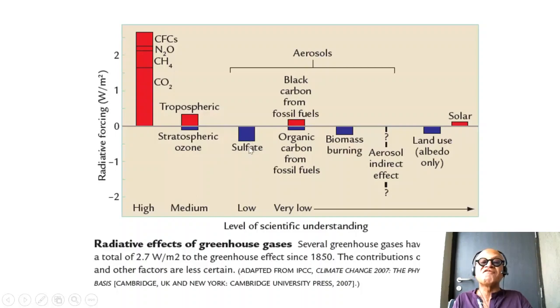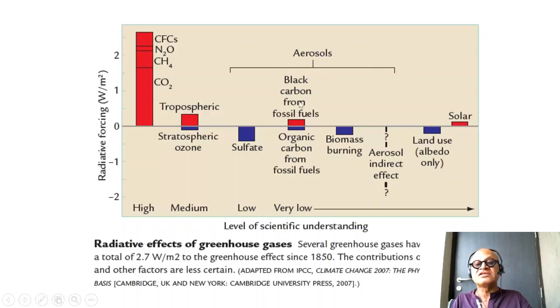Sulfate coming from industrial activities and coal burning and so on are scattering, so they actually cool. So when you clean up the atmosphere, in fact, you may increase the global warming for a short period, but you will have huge co-benefits on health. Okay, but eventually you want to get rid of these pollutants anyways.